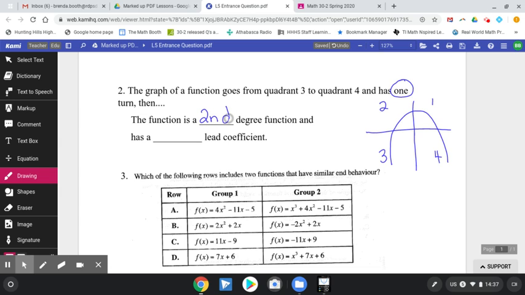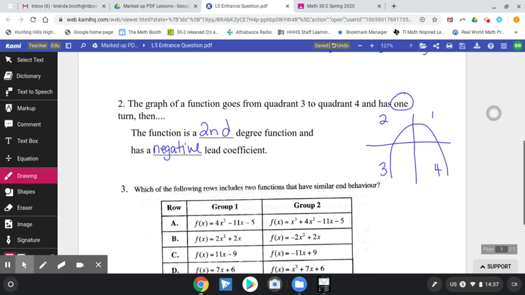The degree is always 1 more than the number of turns. And since it's opening down, so for a quadratic, we say that that's like a negative slant to it. So we say it has a negative lead coefficient.